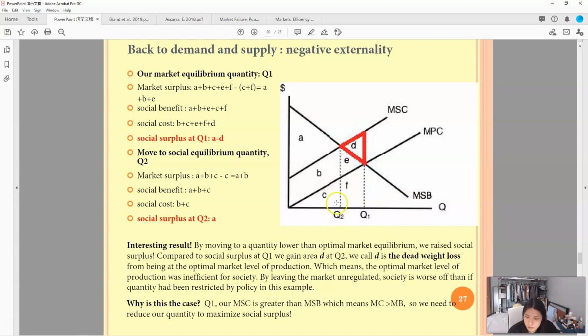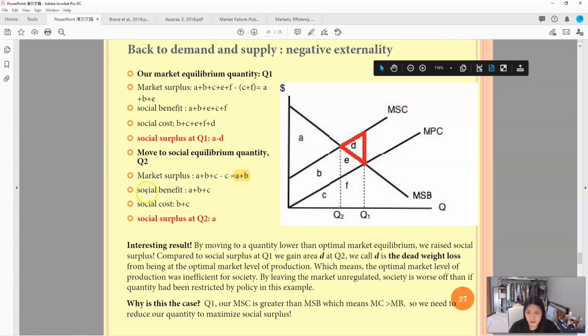At this quantity, the market benefit is equal to A plus B plus C, and the market cost is equal to C. The area under the marginal private cost curve is C. So the difference would be the sum of A and B. A and B is the market surplus.